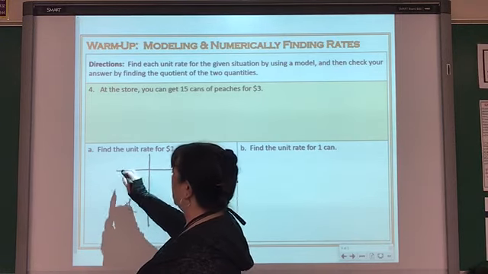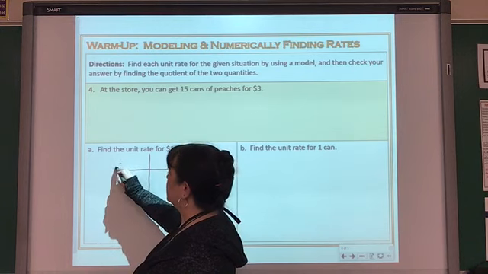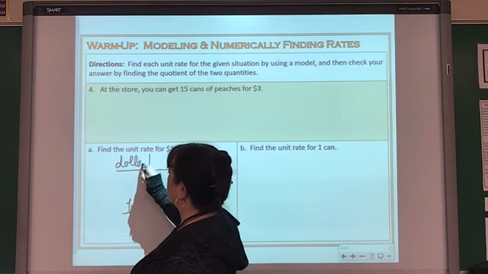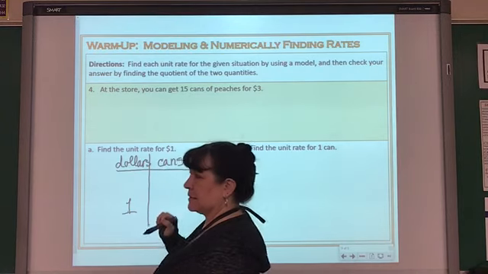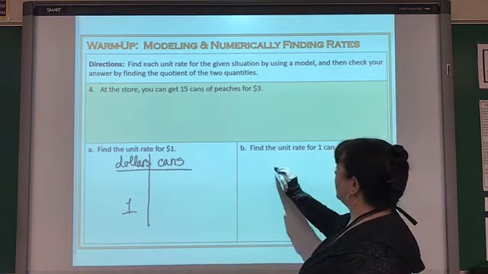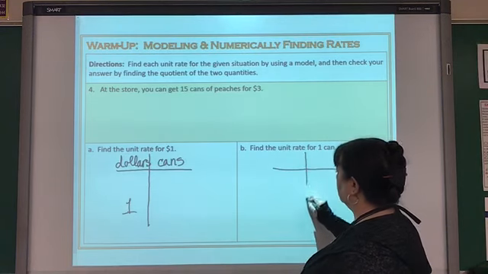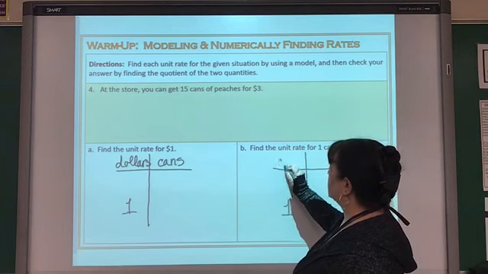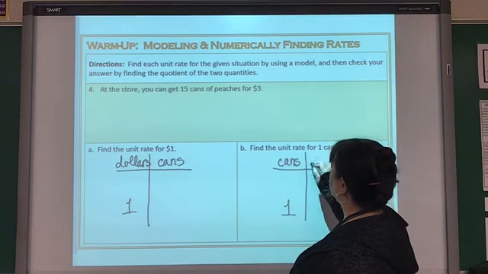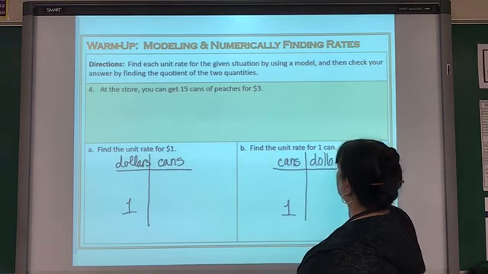So if I want $1, that means this is the dollars, and this would be the cans. If I want it to be for 1 can, that means this needs to be 1, so this would be cans, and this would be dollars.